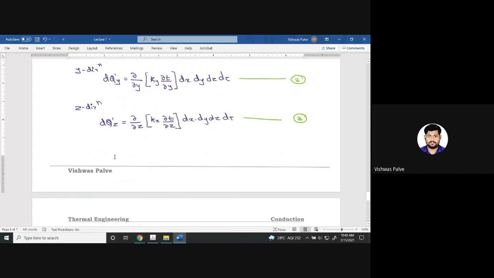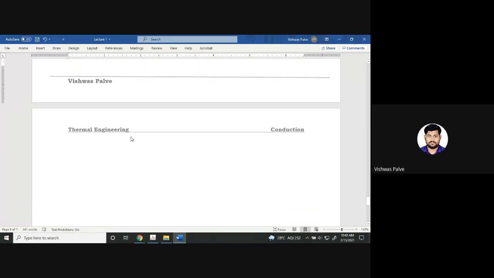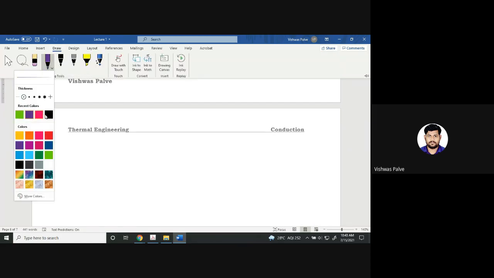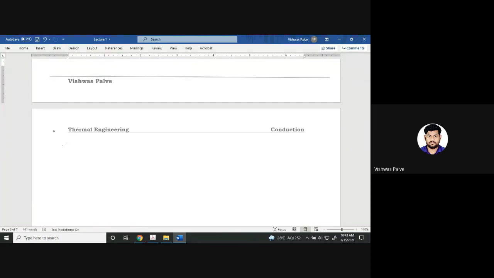Okay. Now what will be the net heat accumulated, the total heat accumulated inside the body? Therefore net heat accumulated will be the addition of all the 3.